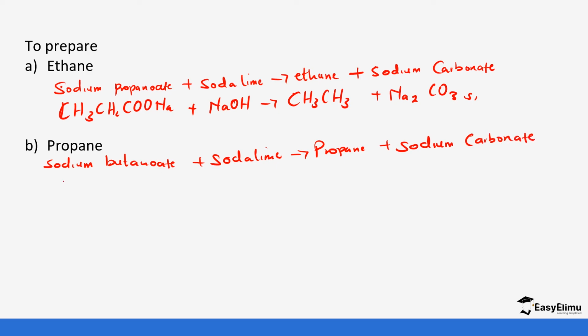So sodium butanoate, so it's going to be CH3, CH2, CH2, and then the carboxylate group, then plus sodium hydroxide, which is going to form CH3, CH2, CH3, plus sodium carbonate.